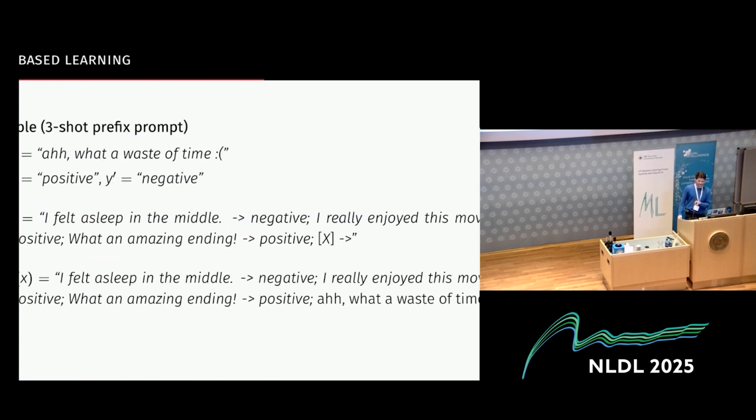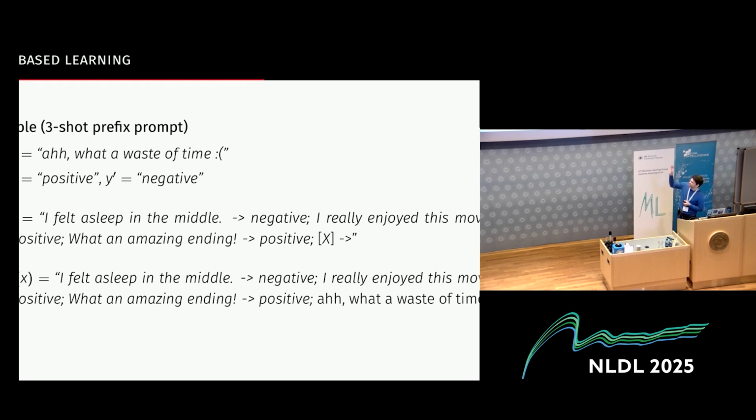That's it. And this is an example, again, of sentiment analysis. But this time, we will not use as complex a prompt template as before, because now we will show it 3 examples of the correct behavior, and then we will hope that the model will follow after that. So again, we have a review, which is the input.